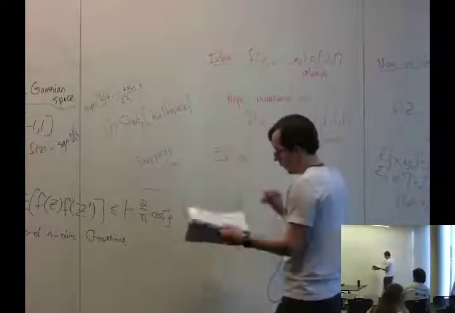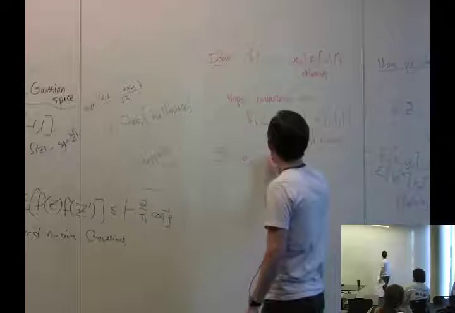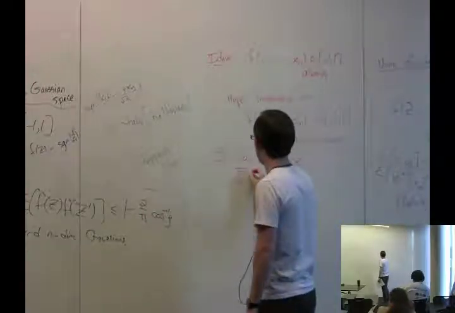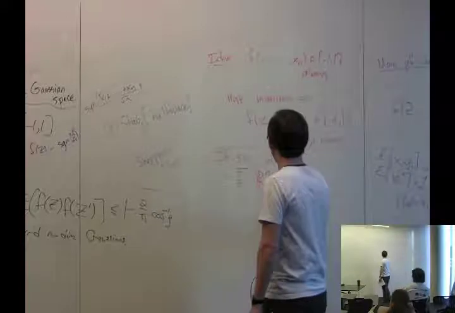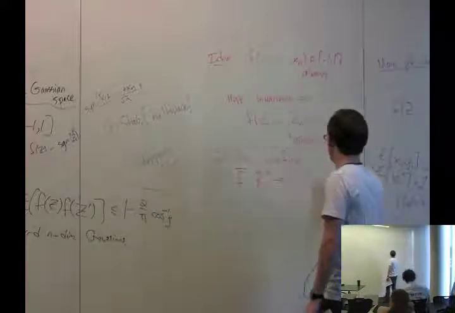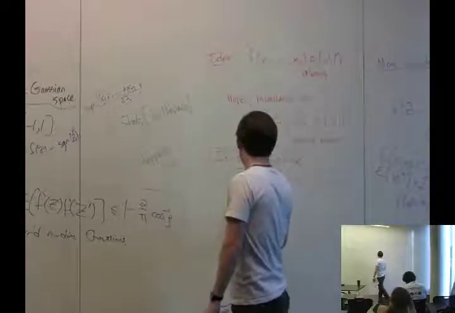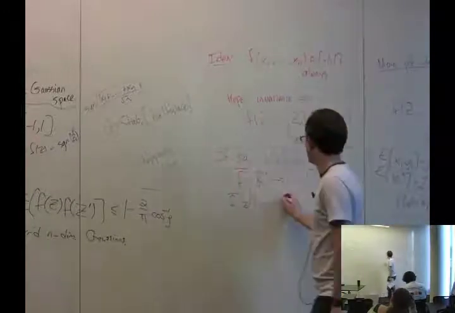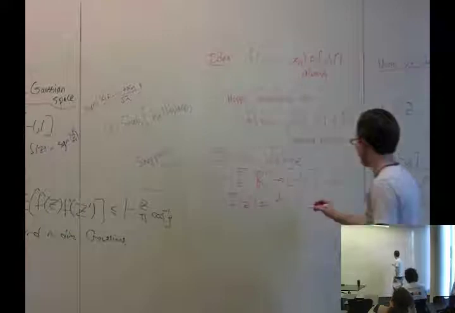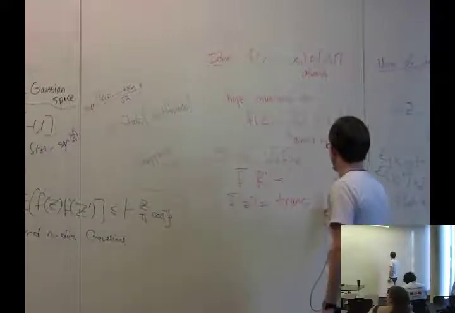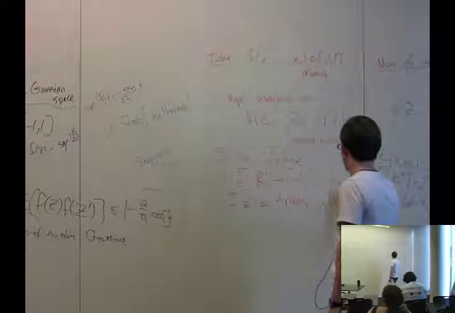Here's going to be the idea. We're going to define a function, let me call it f bar, from Rn into -1, 1, where f bar at an input z will be the truncation to -1, 1 of f of z.